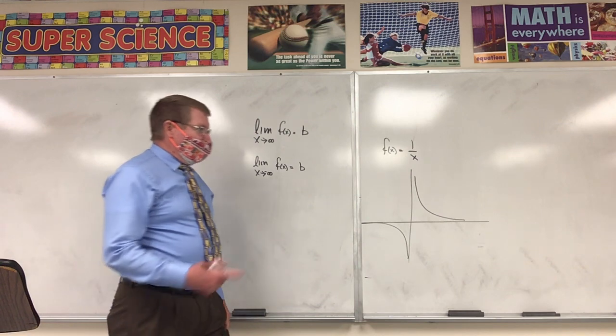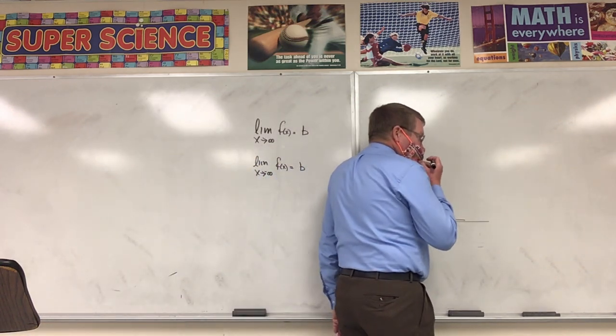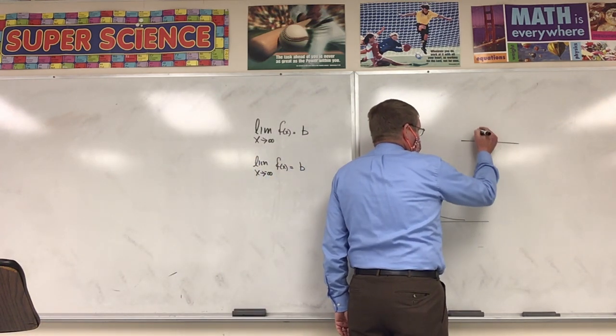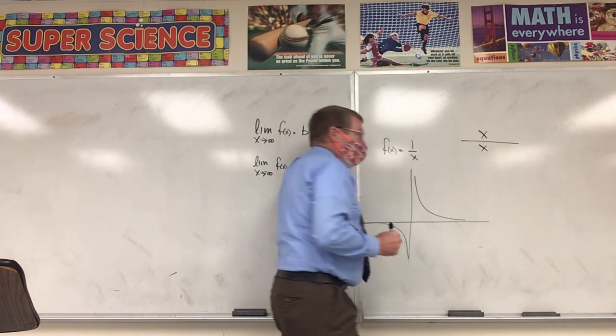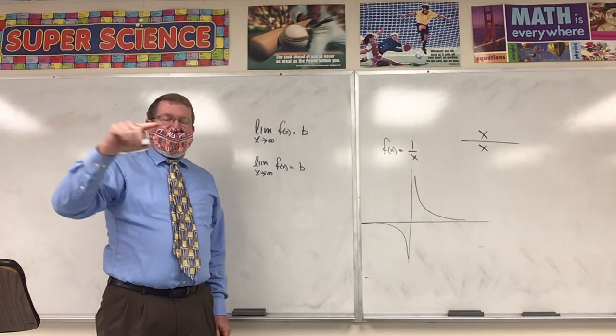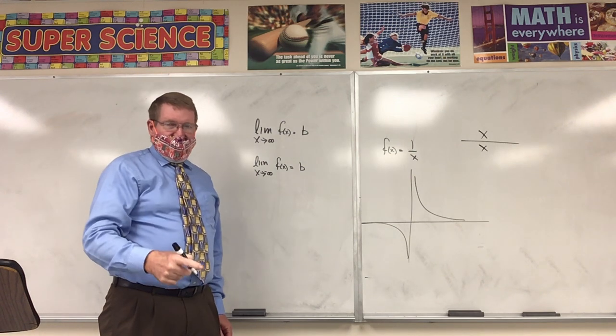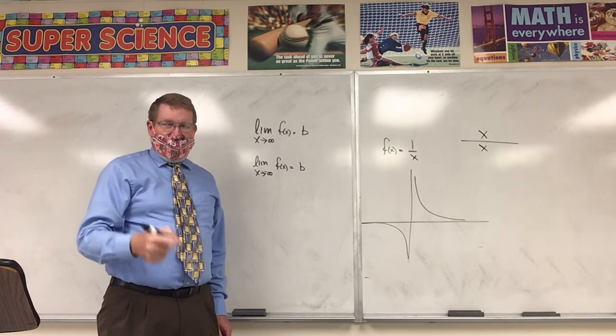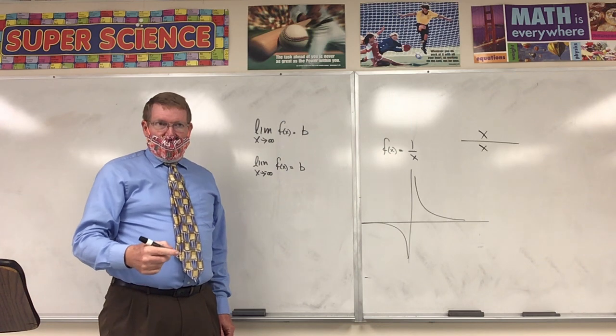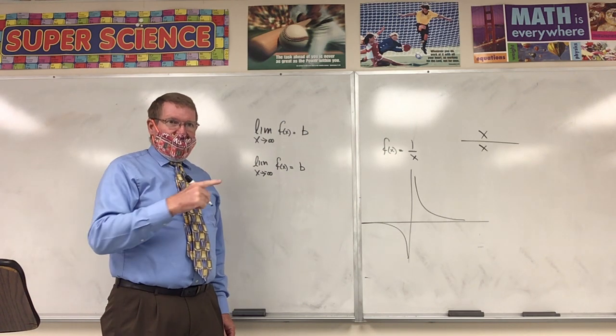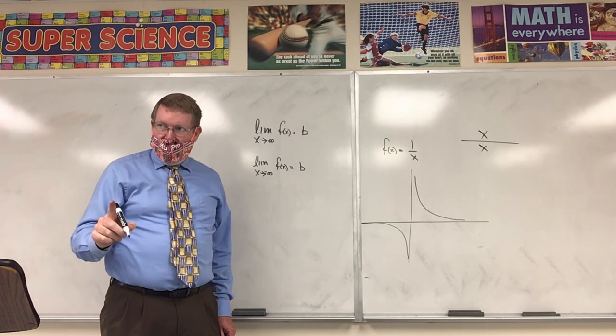Okay? And again, we talked about that in pre-calculus: if the highest degree terms in my numerator and my denominator are the same, that simplifies to 1, and my horizontal asymptote would be at 1.